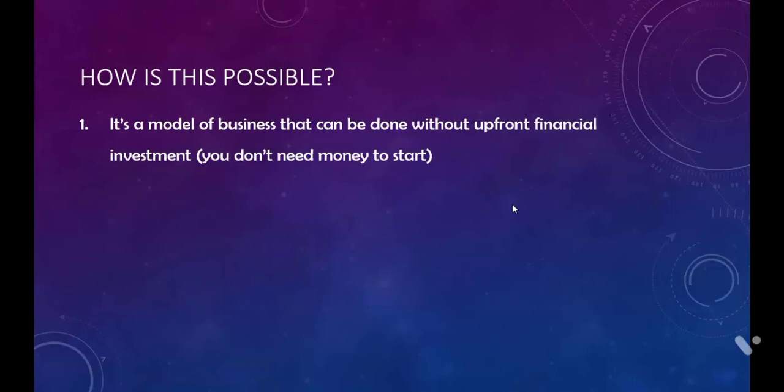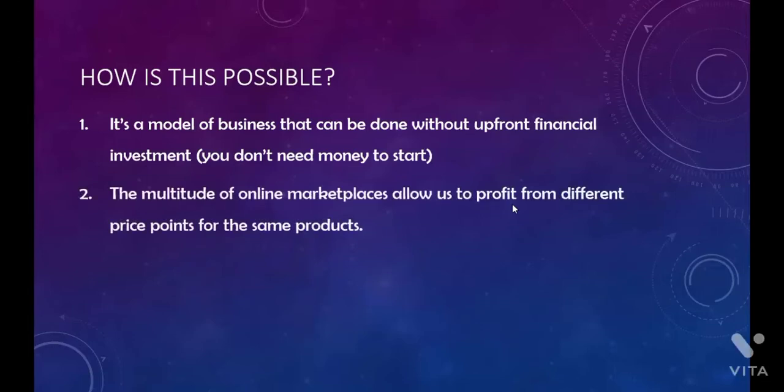This is very important. Now, the multitude of online marketplaces that have appeared in the last 10 to 15 years allow us to profit from different price points for the same products. Why? Because we find marketplaces that are based in India, in China, in Europe, in the United States, in Africa, and throughout all of these different countries and markets, there are different price points, okay?